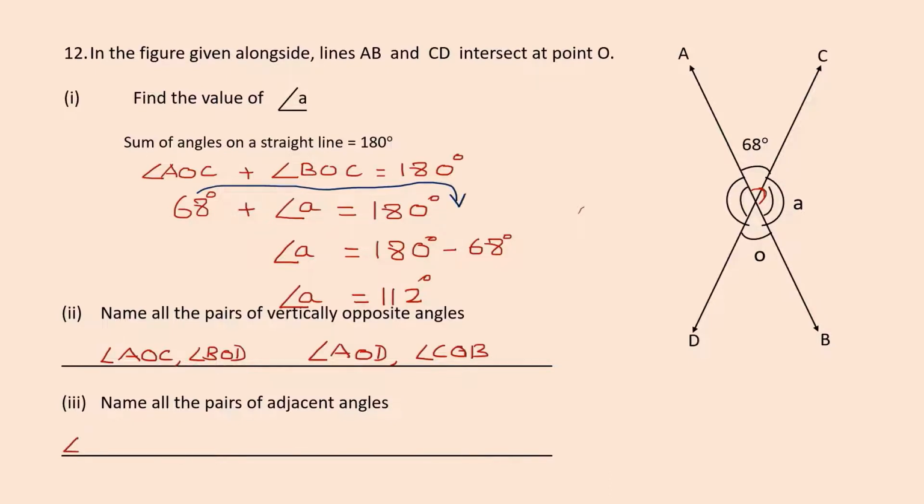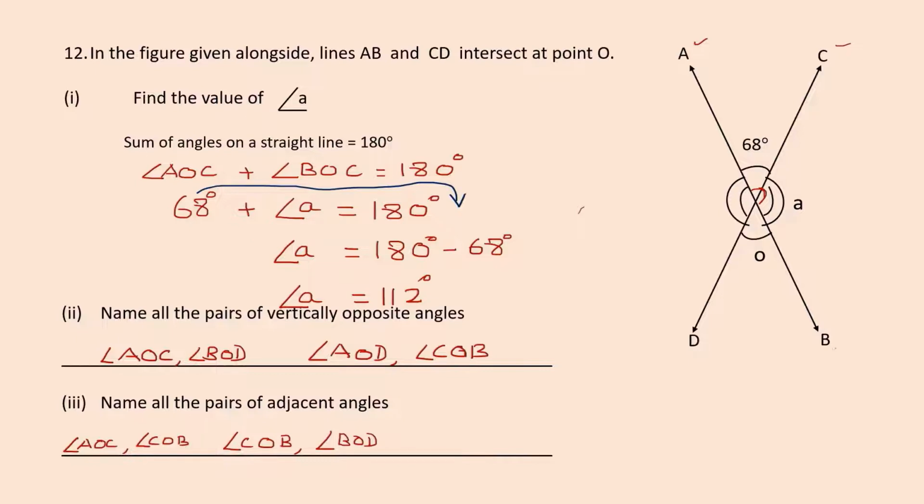Angle AOC and angle COB are adjacent angles. So we started with A, now let's go to C. Angle COB and angle BOD. So what are adjacent angles? They share a common arm, they share a common vertex.